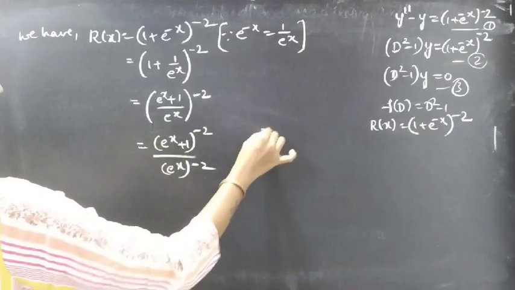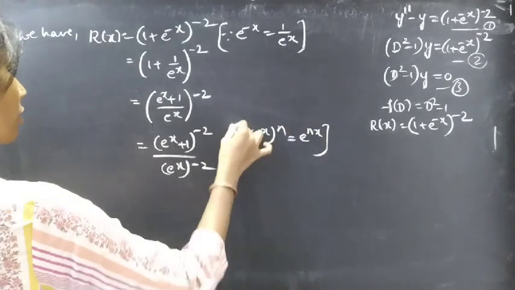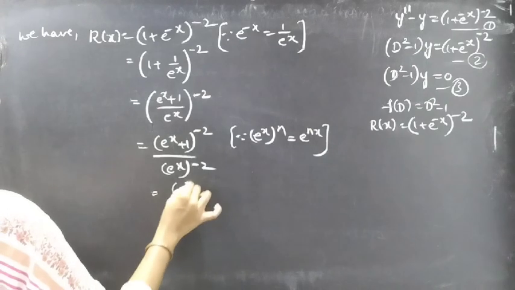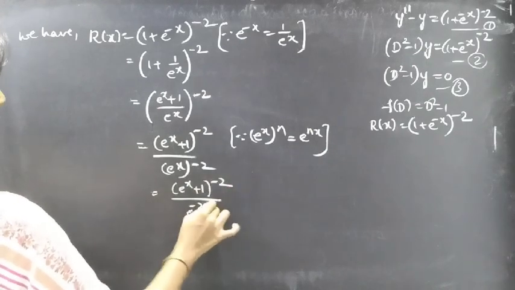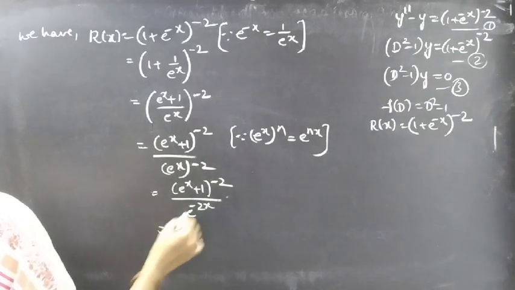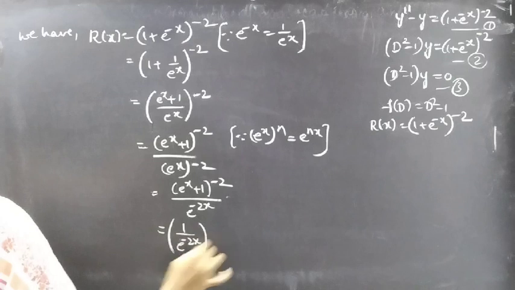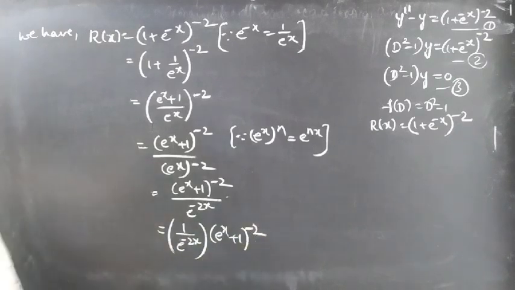Since we know that (e power x) power n equals e power n x, we can write (e power x) raised to the power minus 2 as e power minus 2x. Now split this fraction as 1 by e power minus 2x into (e power x plus 1) raised to the power minus 2.